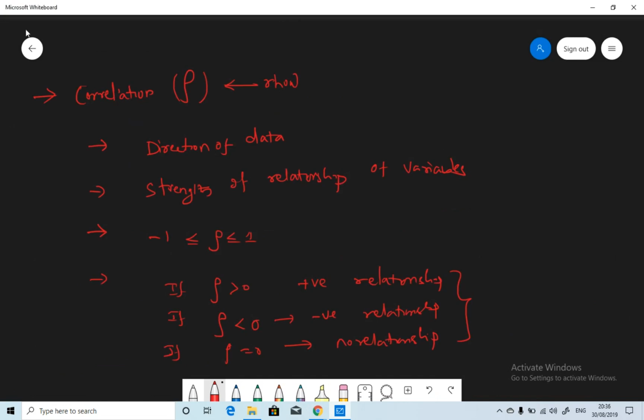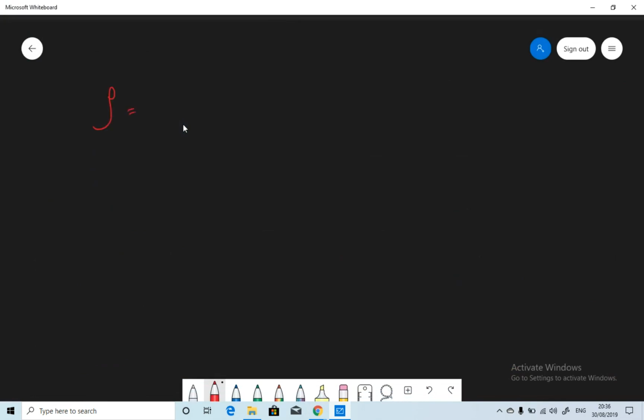Taking notes done. Now let me go back to the formula of rho. Rho is correlation. We can write it as Sxy by square root of Sxx into square root of Syy. We can write this as covariance of x comma y over standard deviation of x and standard deviation of y.